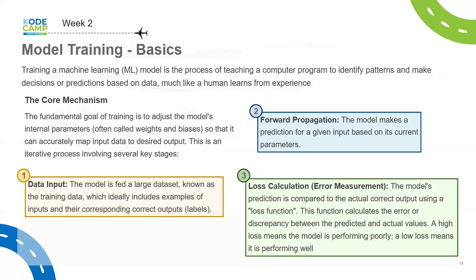You take the training data and feed it into the model. This is now where you have the computational part of it. The model will take that data, do some calculations on it, and give you an output.